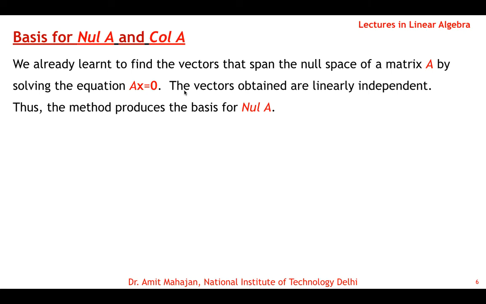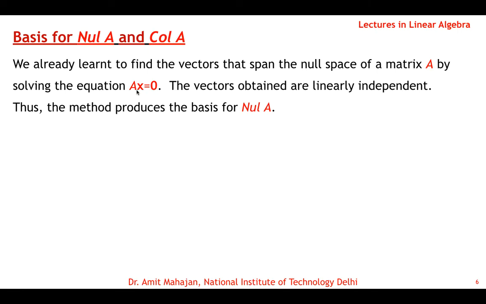When we solve this, we find the pivot columns and non-pivot columns. Pivot columns are linked with the basic variables and non-pivot columns are linked with free variables. So we can solve for basic variables in terms of free variables, and then we can calculate the x vector and decompose that as a linear combination of vectors.